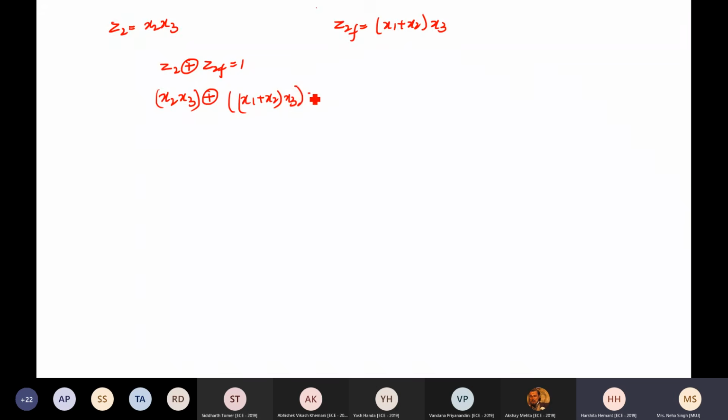You have to solve this expression. We'll continue with this solving in the next class. Try to solve it and give me the test pattern to detect the fault at Z2. If you have a problem, we'll discuss it tomorrow. Okay, give it a try. Then I'll upload the slides as well.